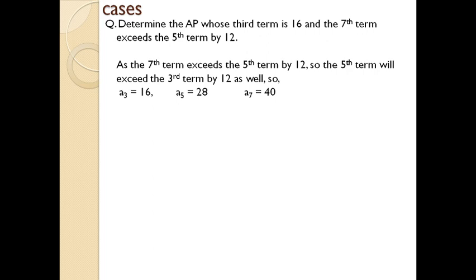If A3 is 16, A5 will be 28, because there is a difference of 12 between the third and the fifth value. The same concept works for A5 and A7. If A5 is 28, then A7 is 40.